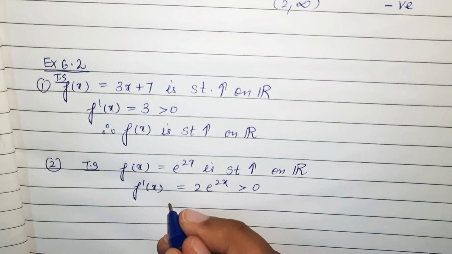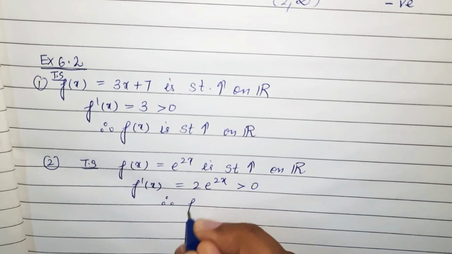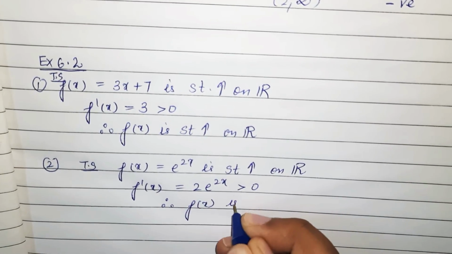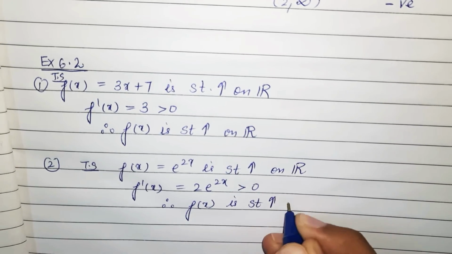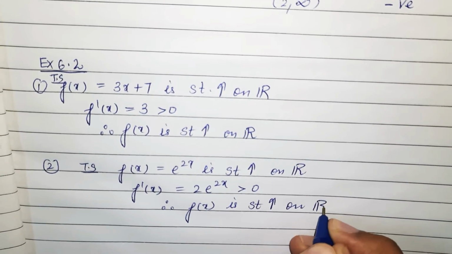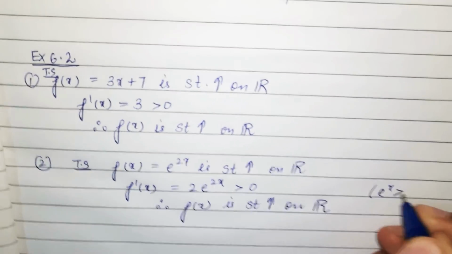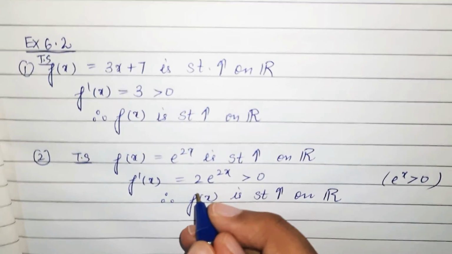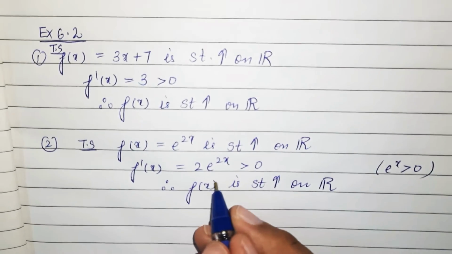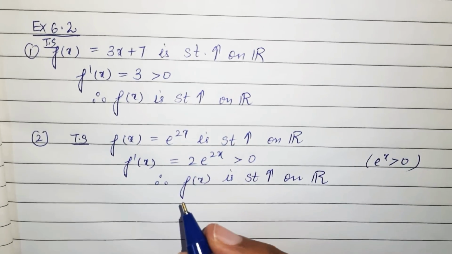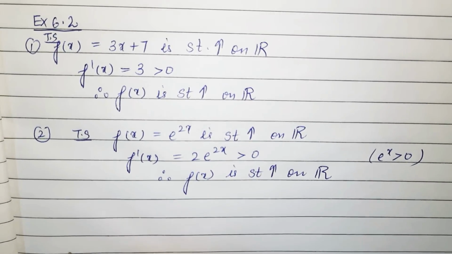So therefore f(x) is strictly increasing on R. Positive into positive will give you positive only. Okay, now come to the next question.